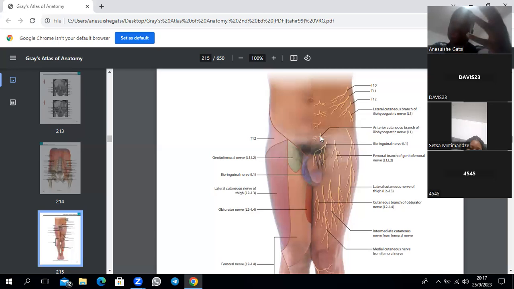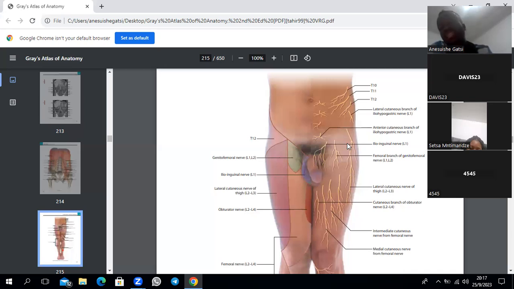But then when you look at other nerves, for example, ilioinguinal, I think you can see where it's going. Inguinal is going to the inguinal region, right? Then lateral cutaneous nerve of the thigh, the name is self-explanatory. It's coming to the lateral side of the thigh. Femoral nerve, on the other hand, is the nerve of the anterior thigh.